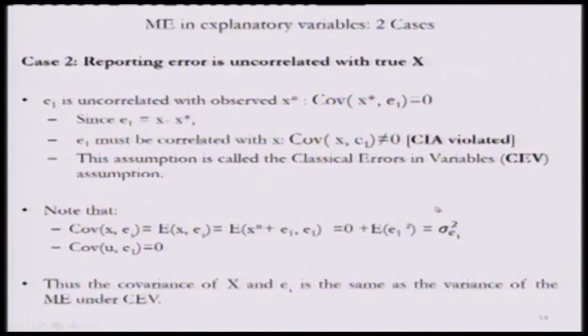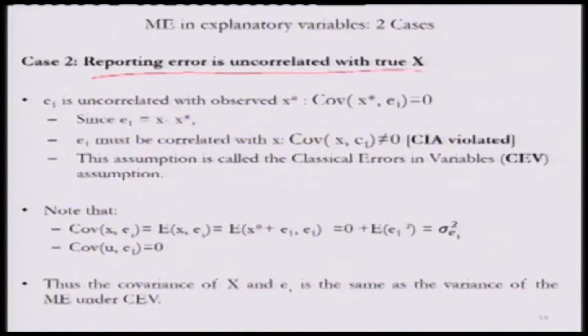So, let us now take the second case, which is possibly the most interesting in the random measurement error issue, and this is basically saying that the reporting error is uncorrelated with the true value of x. Recall that case 1 was where the reporting error is uncorrelated with the observed value of x, and case 2 is where the reporting error is uncorrelated with the true value of x.